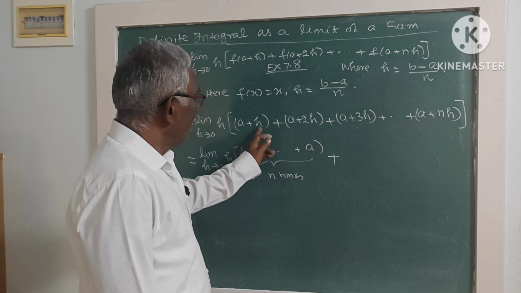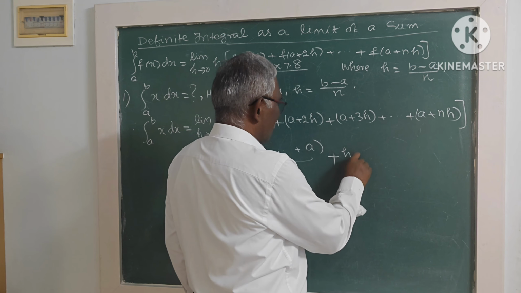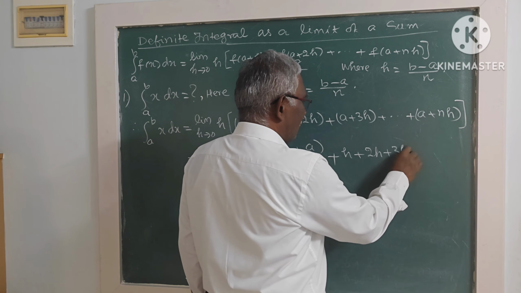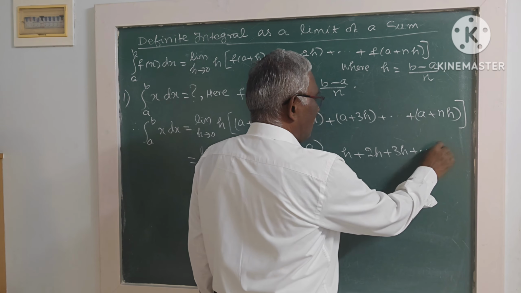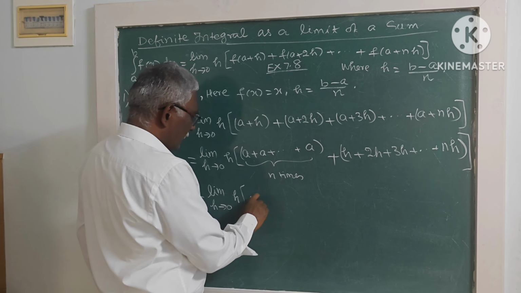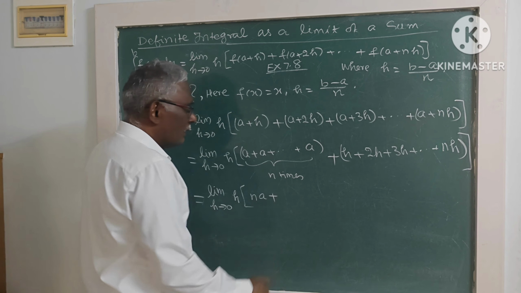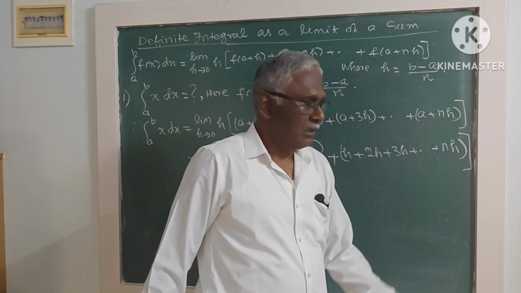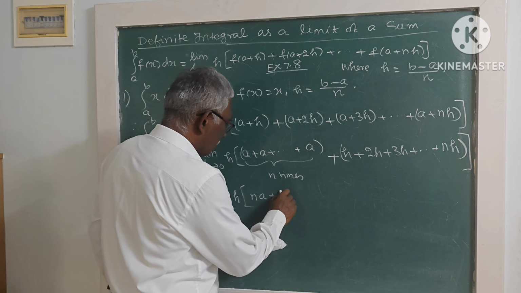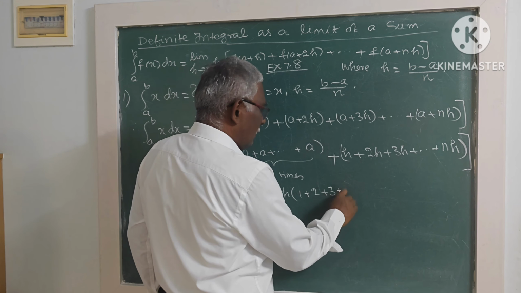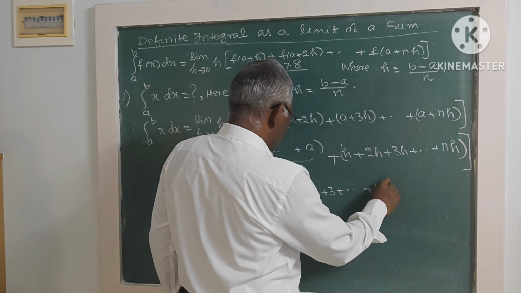Plus h plus 2h plus 3h plus etc. plus nh. This becomes na. Here in h plus 2h plus 3h, take h outside. Then 1 plus 2 plus 3 plus etc. plus n is there.